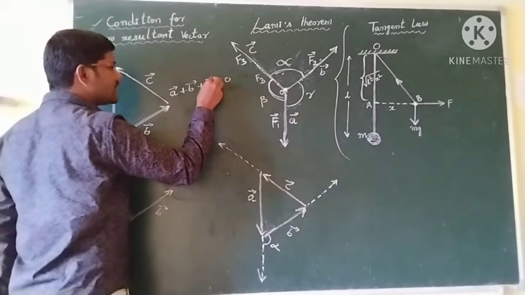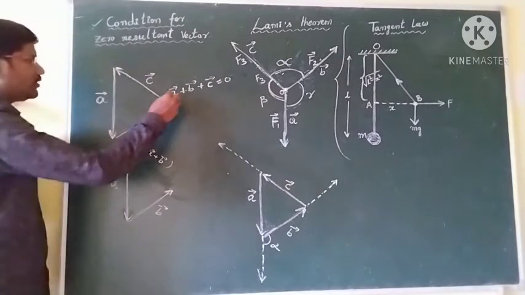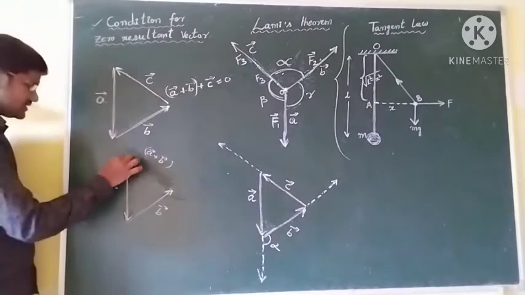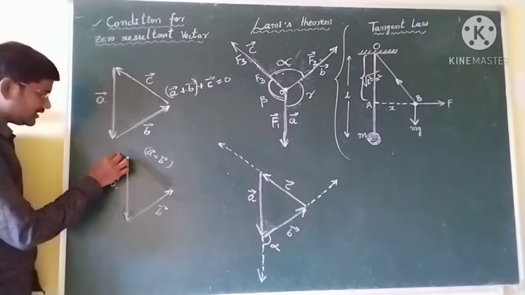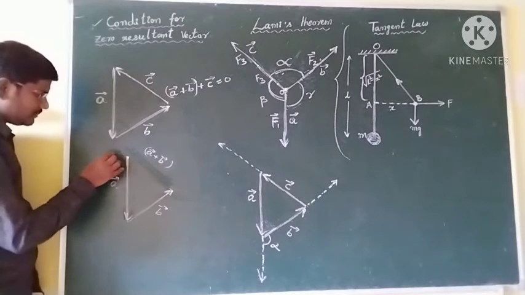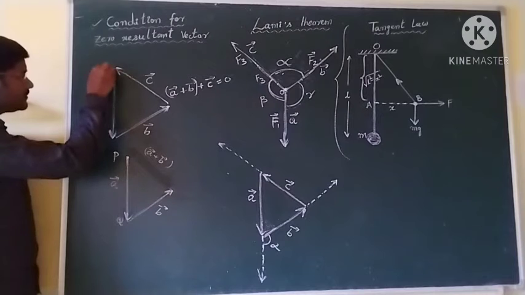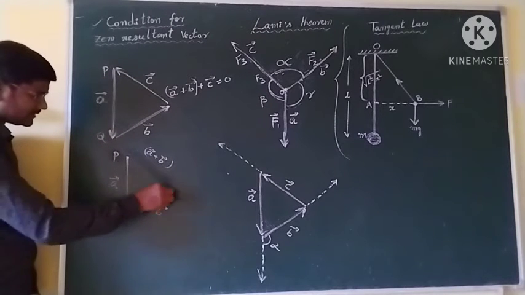So how do you check it, students? I just want to add a plus b. So first vector, this is a bar vector. This is the terminus of the first vector. It started at some point p and ended at q. So this is pq. At q, the second vector is started.